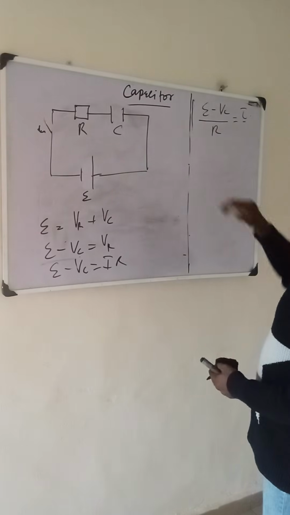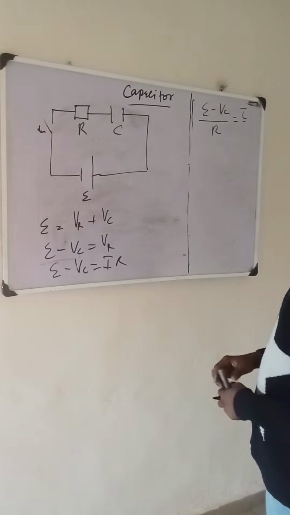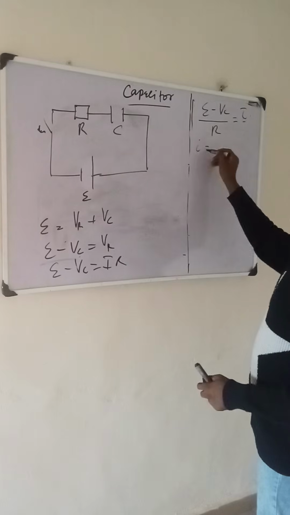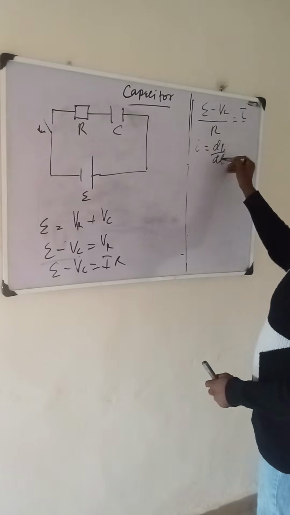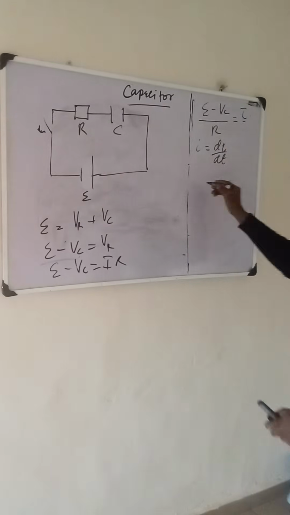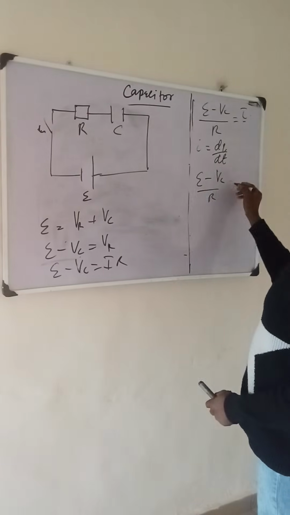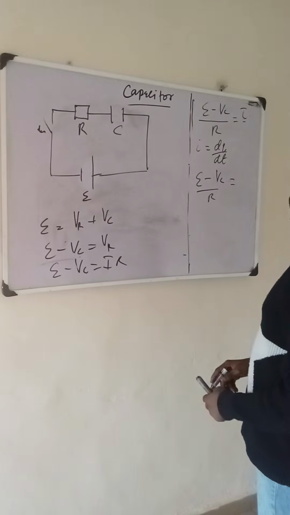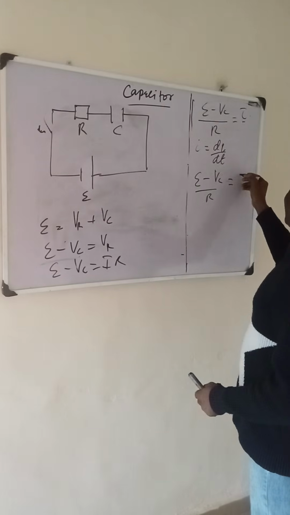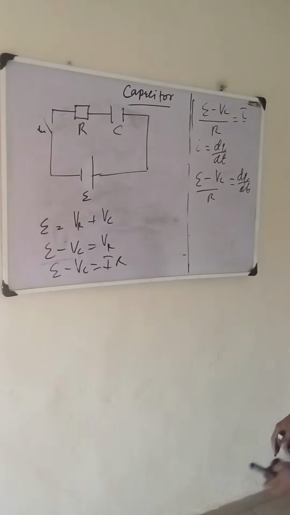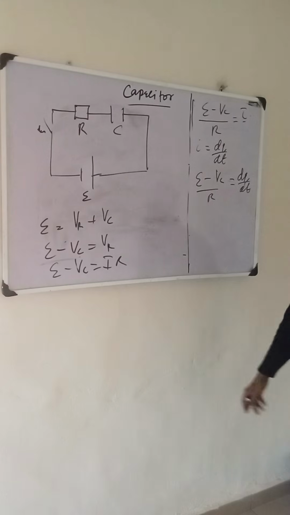Here we begin to play with this equation. What do we have here? This is I. What is I? dq dt. So we can substitute epsilon minus Vc all over R is equal to dq dt. Now, what is voltage across the capacitor?